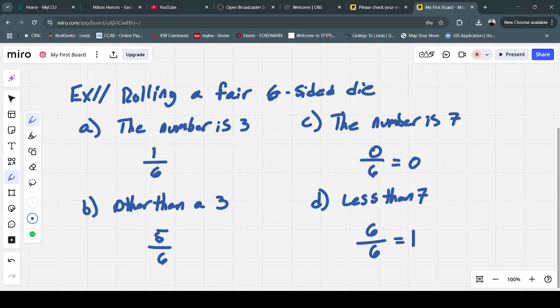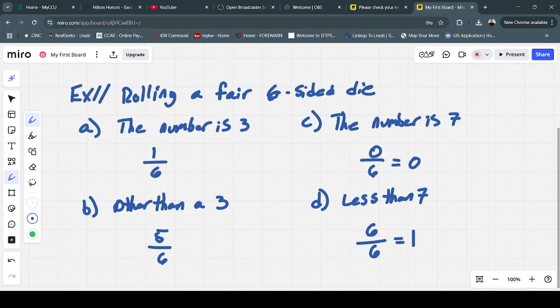Now, technically, for part B, we use what's called a complementary event. It wasn't really phrased that way, but the idea is this: we know A was getting a 3, and B was technically not getting a 3. The answer for getting a 3 was 1/6.